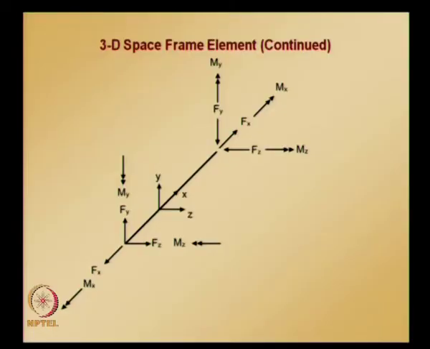So the positive directions for internal moments and internal shears are assumed to be in the direction which is indicated in this figure. So now let us put together all the effects for assembling the final element equation for the 3D space frame element, which we will be using for solving problems of 3D space frame element.